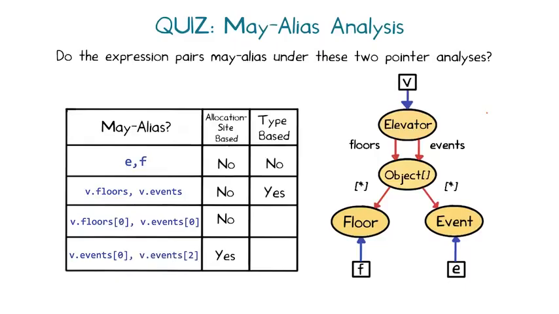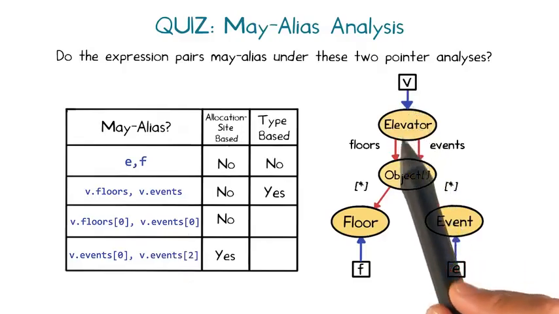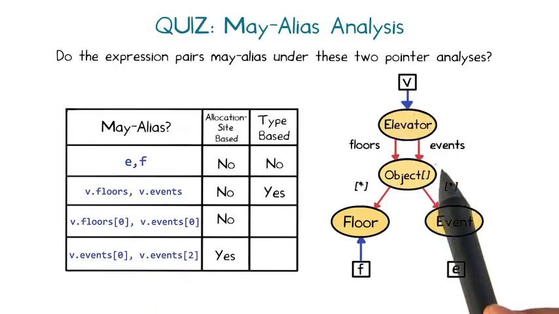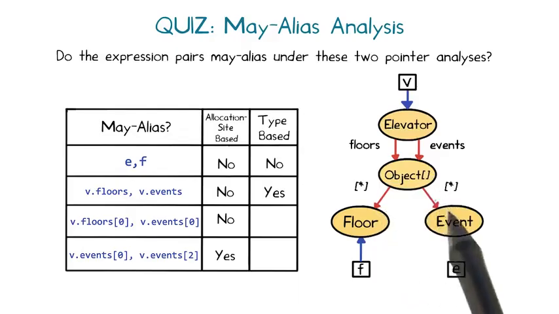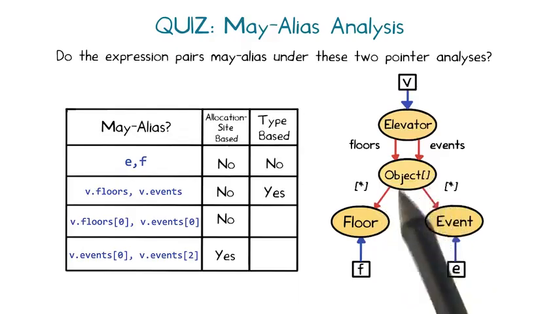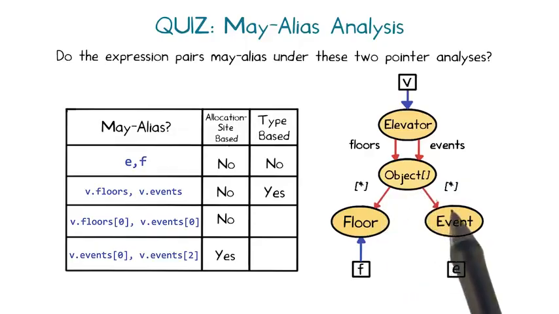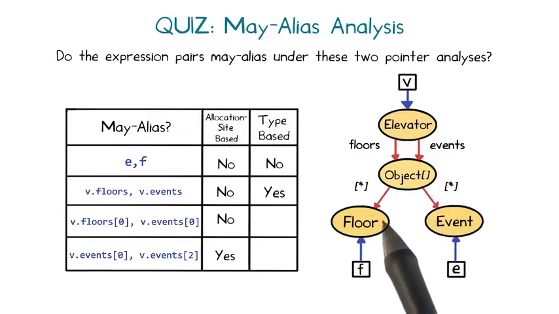Now suppose we wanted to know whether v.floors of 0 and v.events of 0 may alias. We first follow the arrows to the object array node that v.floors and v.events lead us to. Now we need to follow the arrow labeled by an asterisk, but there are two such arrows leading away from that node. So we need to follow both in parallel. All this graph tells us is that v.floors of 0 could point to either the floor node or the event node.